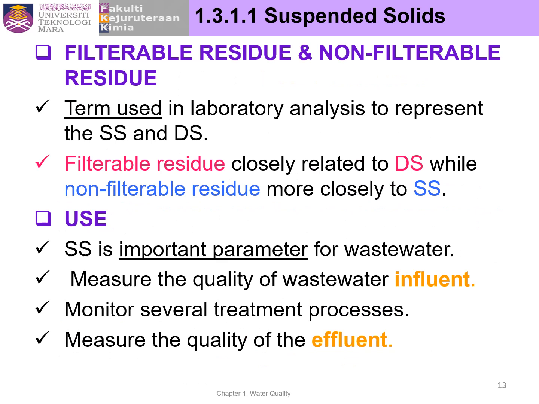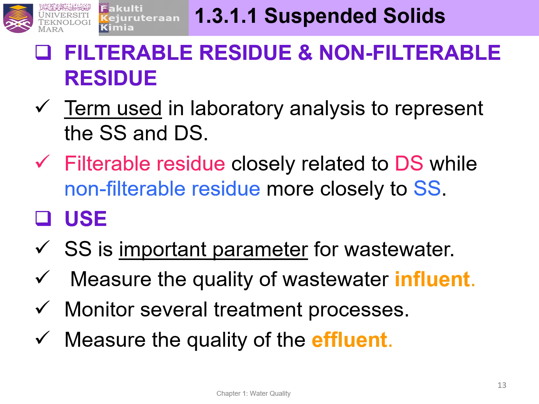So for the filterable residue and non-filterable residue, what is the difference? Firstly, both of these terms are used to represent the SS and DS, suspended solid and dissolved solid. The filterable residue is closely related to DS, and non-filterable residue is more closely related to the SS.